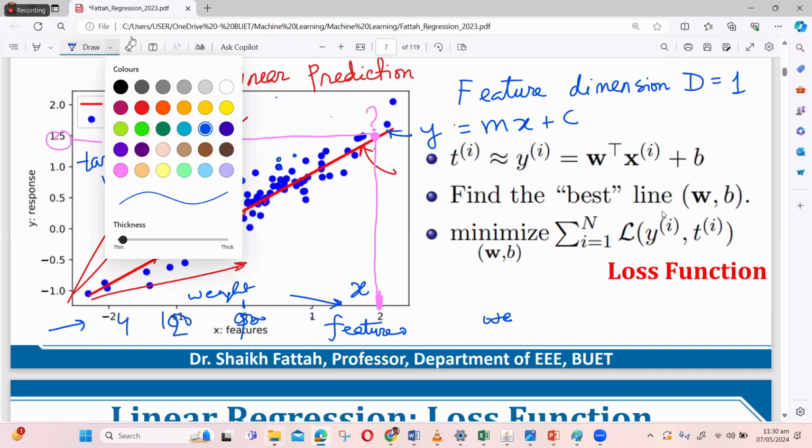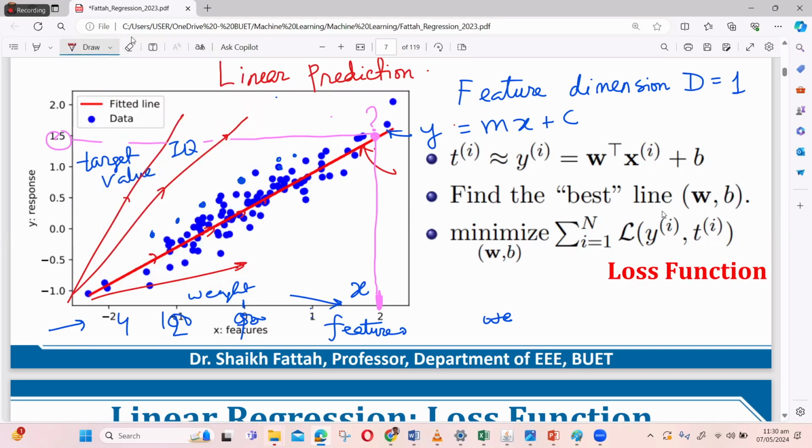I also told you it's just a variation of the variable. You can use w instead of m, so it is the same: wx plus b, instead of c. In this chapter, they write wx plus b. In the next chapter, they will give a different name, theta x plus, let's say, alpha. It doesn't matter whether the variable is w or m.